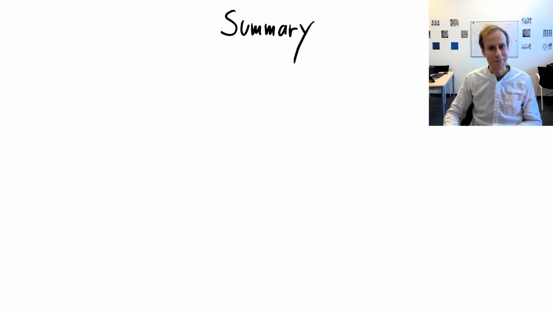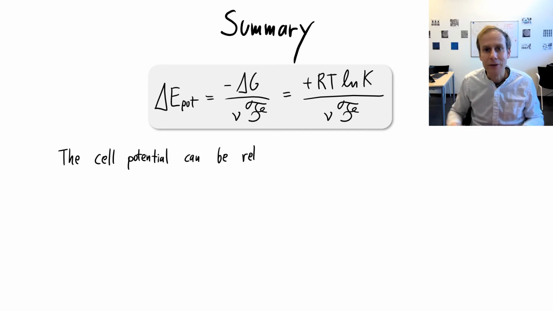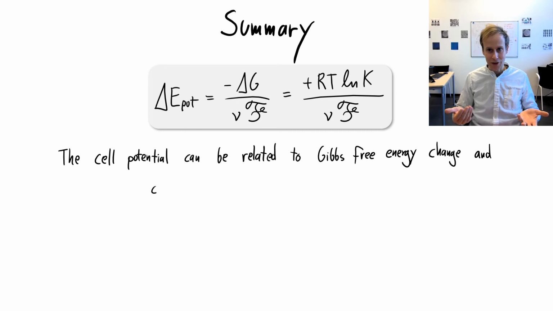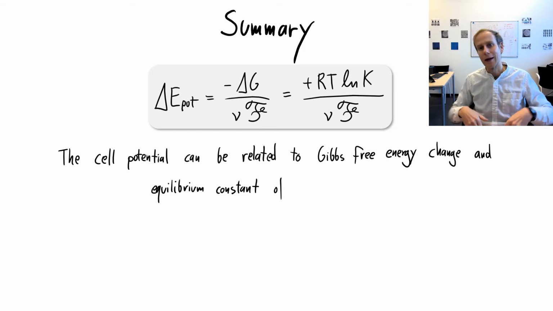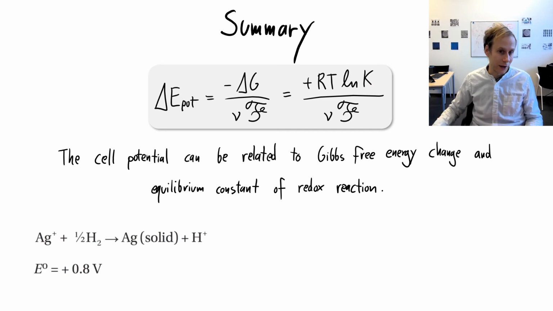In summary, we have learned that the cell potential, delta E potential, is related to the Gibbs-free energy change of the redox reaction and the equilibrium constant K. So for instance here, the equilibrium constant K for this redox reaction will tell you whether there is solid silver and protons produced, or whether you have silver plus and hydrogen gas.